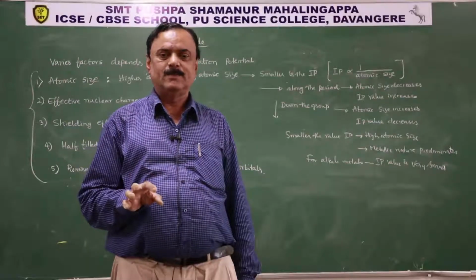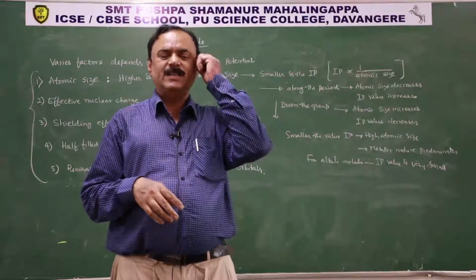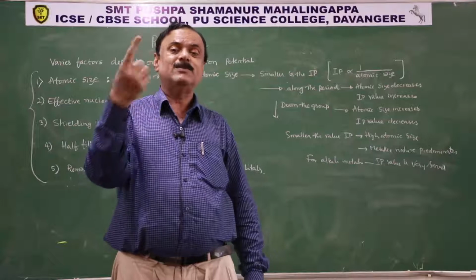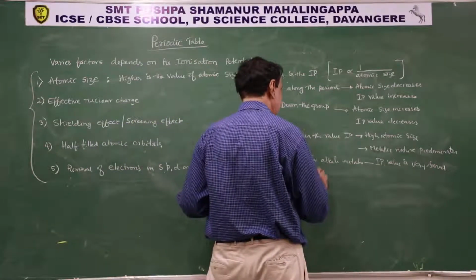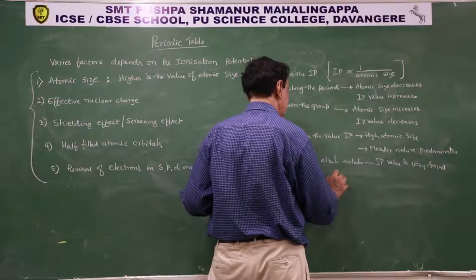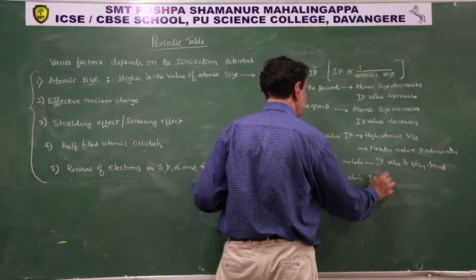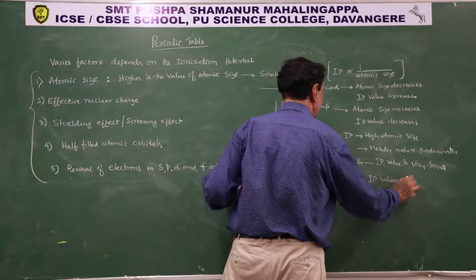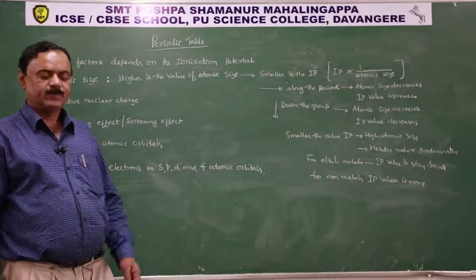If X is a metal, its IP value is minimum. For non-metals, IP value is maximum.